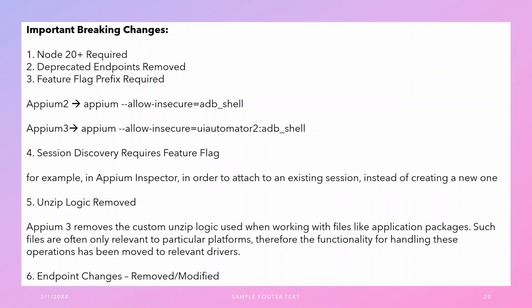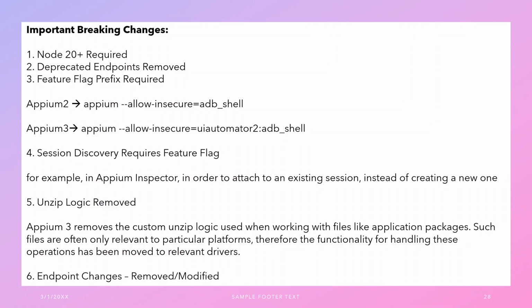If you see in APM2, when I work with allow insecure, we can use it directly; we had to provide the feature flag and the option. But in APM3, I specifically provide it based upon our driver.